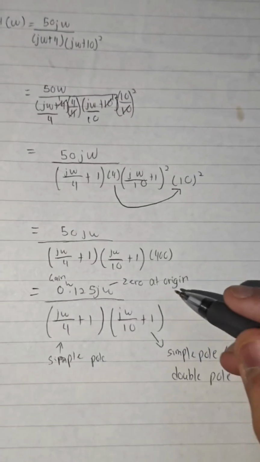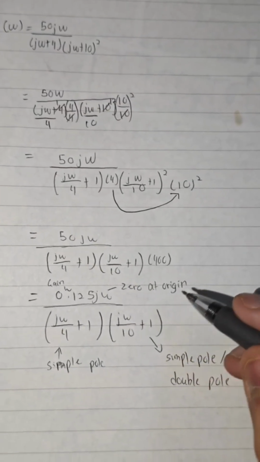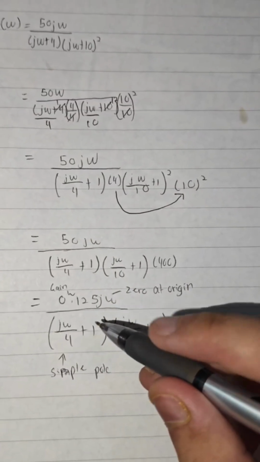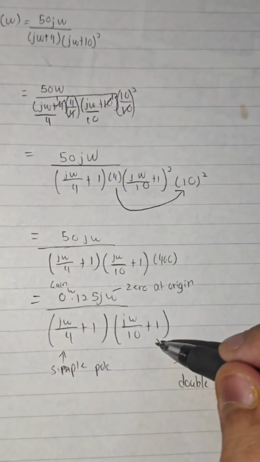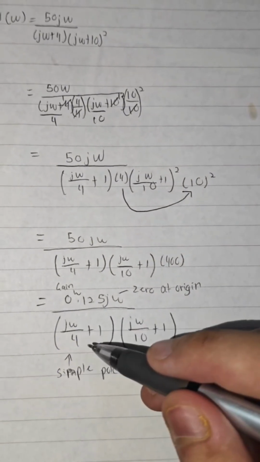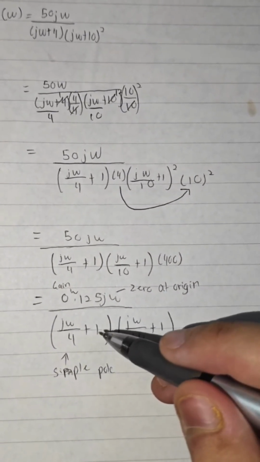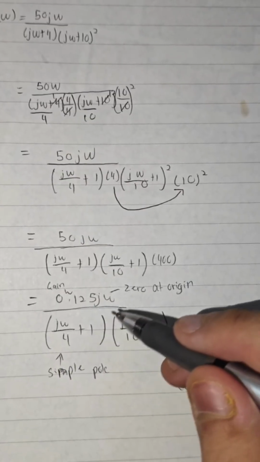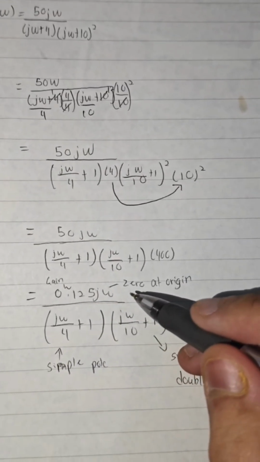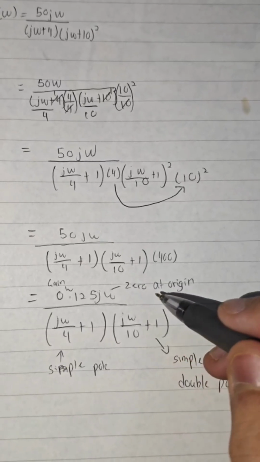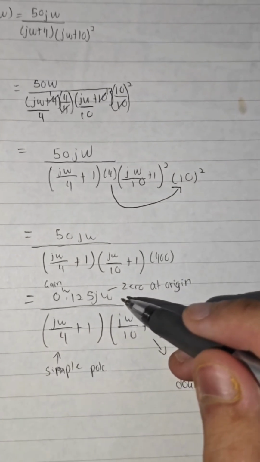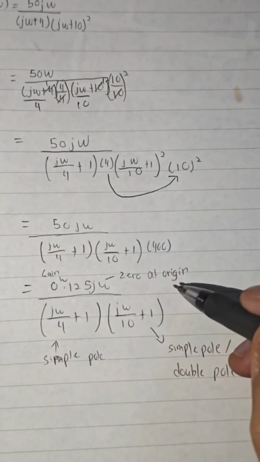The numerator we identify as a zero, and the denominator as a pole. For example, if j omega over 4 plus 1 were in the numerator, we would call it a simple zero. That's why we identify this j omega as a zero at origin.